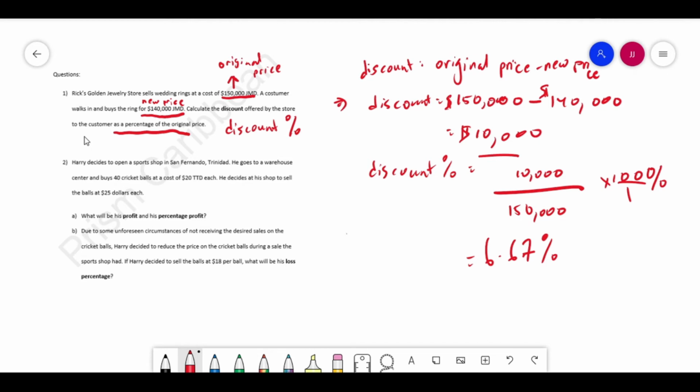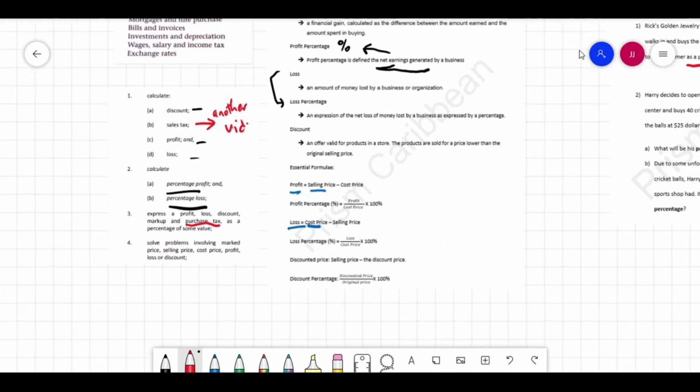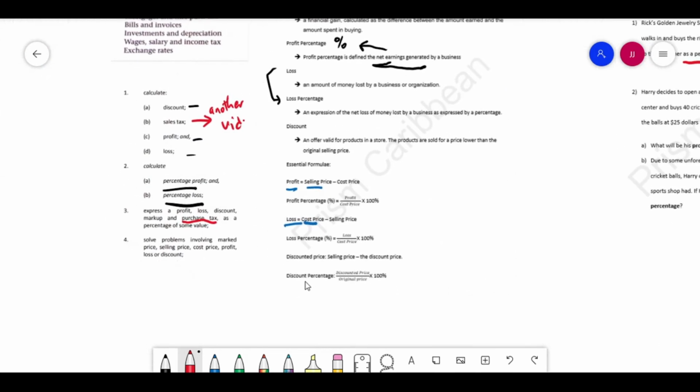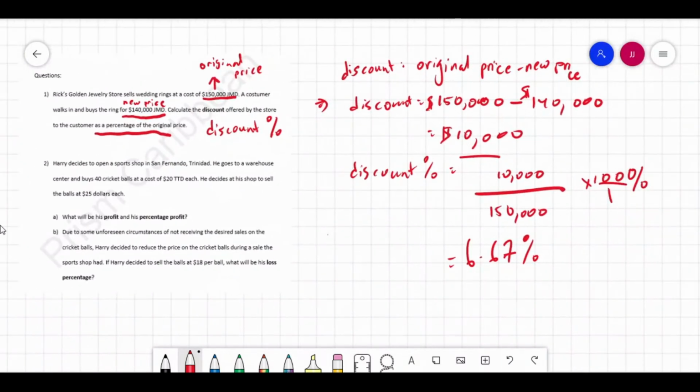They said calculate the discount offered by the store to the customer as a percentage of the original price, so they want the discount percent. In order to find the discount percent, we first have to find the discount, because the formula for the discount percent is the discount over the original price.